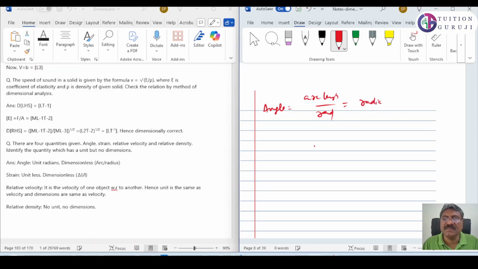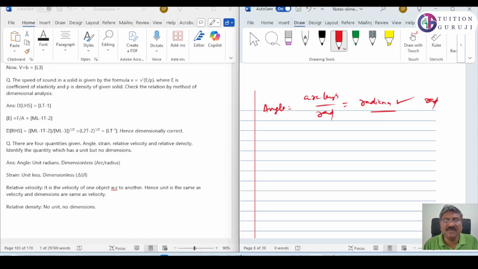The unit is radians. Now the second one is strain. Strain has no unit and no dimension. It's a ratio of length by length.